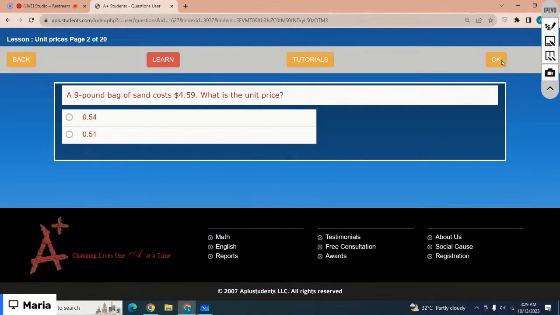You have to divide 4.59 by 9. So the correct option is... you can use a calculator, but I think you're not allowed to use a calculator, isn't it? 4.59 divided by 9 is 0.51. The correct option is 0.51. You can use the long division method to divide.